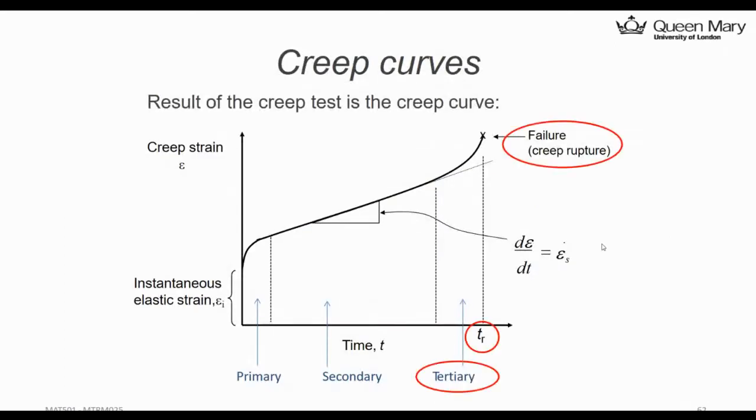So now we are moving to the final region, the tertiary region, where you have the creep strain rate growing very quickly in this regime and eventually the material will fail because the strain is too large, causing some rupture of the material, like the fracture mechanics we're talking about, although they are not sensitive to the notch size here. Basically a lot of voids develop during this stage.